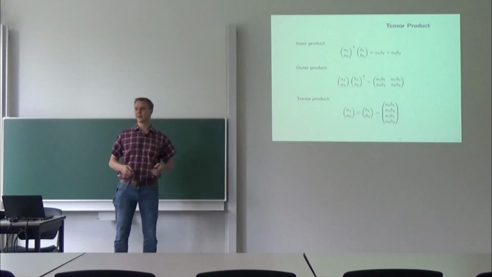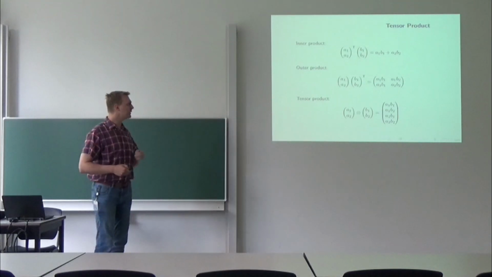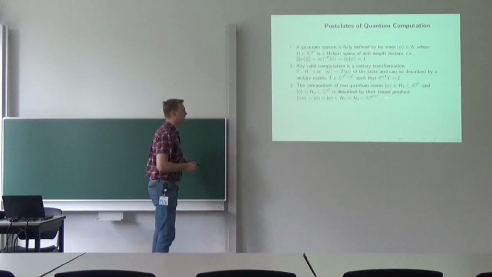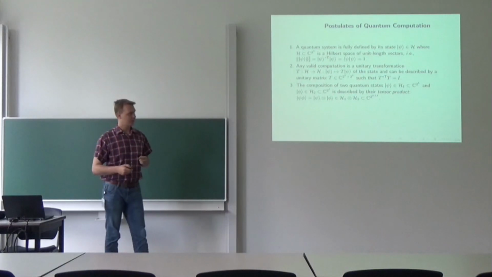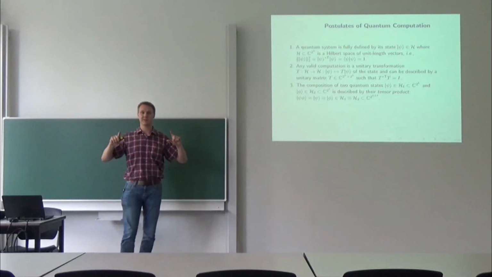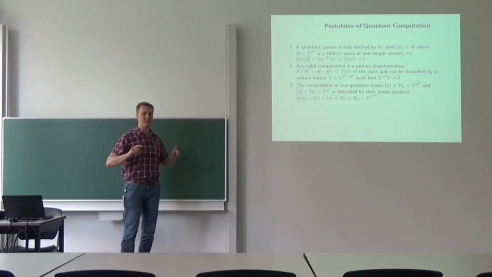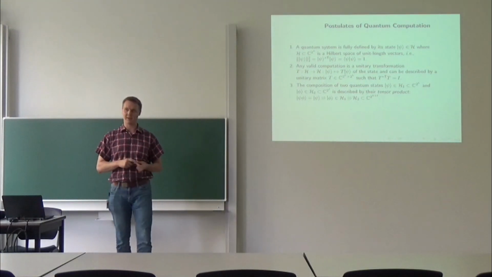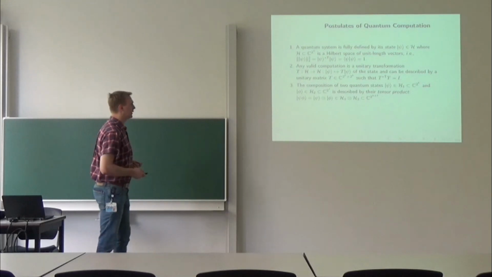It's just vectors instead of matrices. All right. So the composition is given by the tensor product, which, by the way, guarantees that if you start from two systems whose state is length 1, the composition of those two systems also has length 1 of its state.